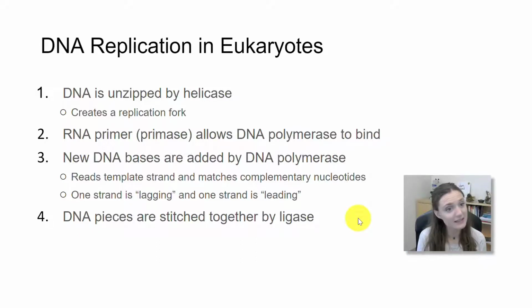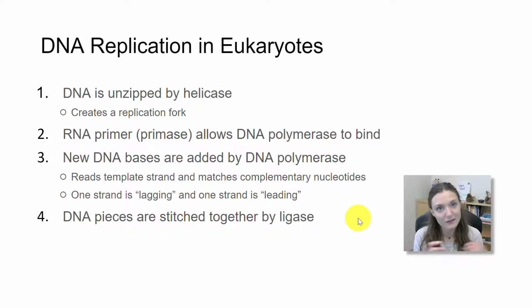Primase comes in and lays down an RNA primer, because DNA polymerase, the enzyme that is used to build that new DNA, can only bind to an RNA primer. DNA polymerase then adds new bases to both strands of DNA. One strand will be leading, one strand will be lagging.